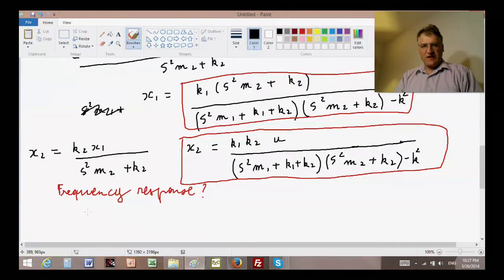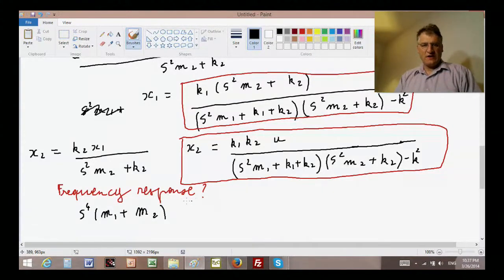To understand that, we will expand it as powers of s squared. The first element is s to the fourth, and the coefficients in front of it are going to be m1 plus m2.